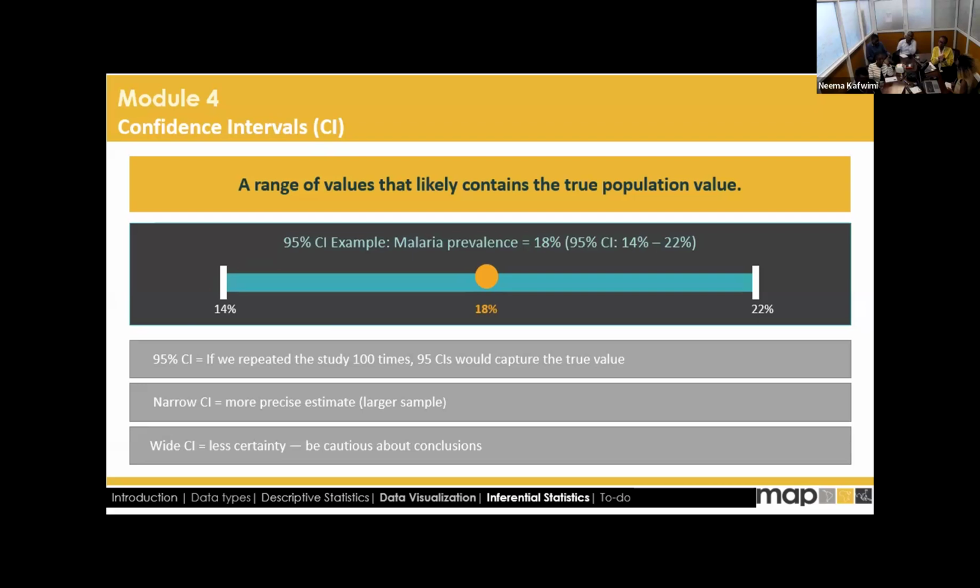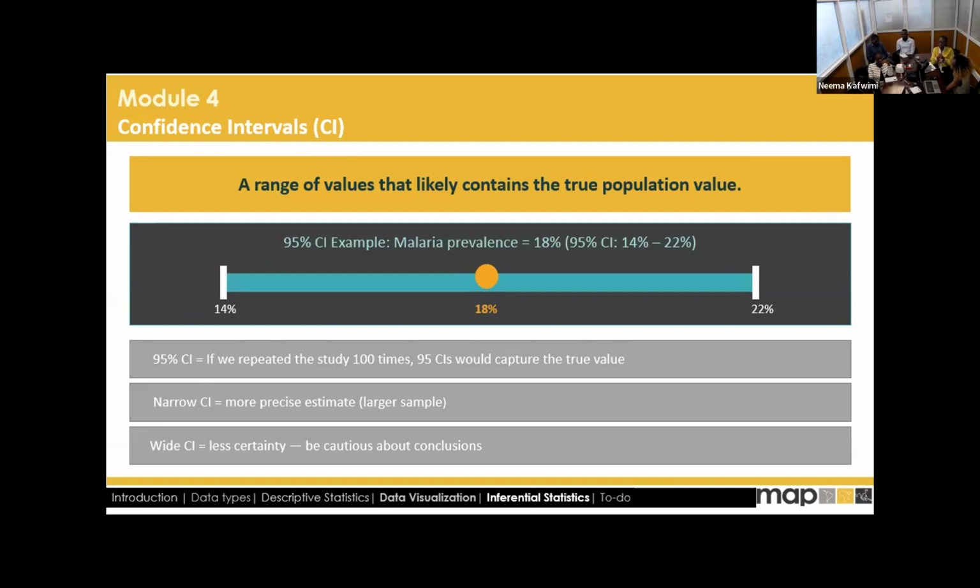I will repeat: remember, this is our sample. We've done it the first time, we got 18%, and that is the range. You do this again for the second time, the third time, the 100th time. 95 of the confidence intervals you get would capture the true value that represents the population.